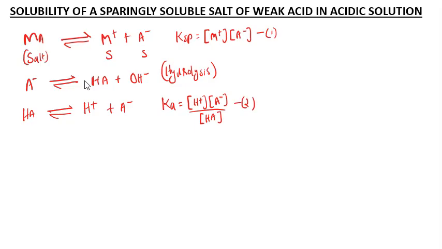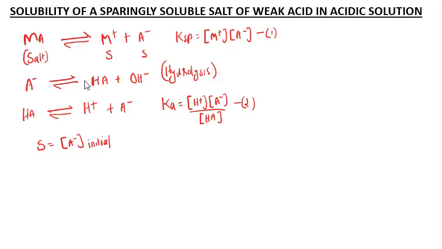So we got two equations, equation number 1 and equation number 2. Now we can write S equal to the concentration of A-, which is the initial concentration of A- after the dissociation of the salt in the acidic solution.